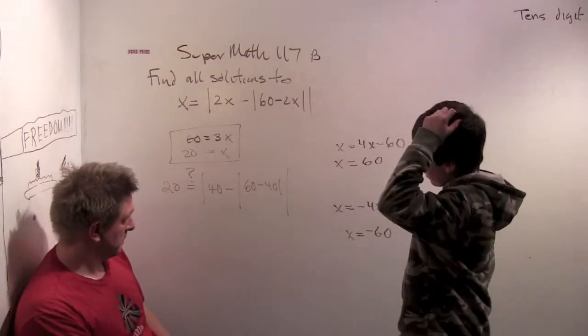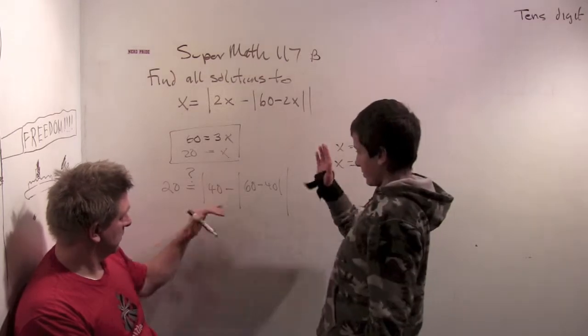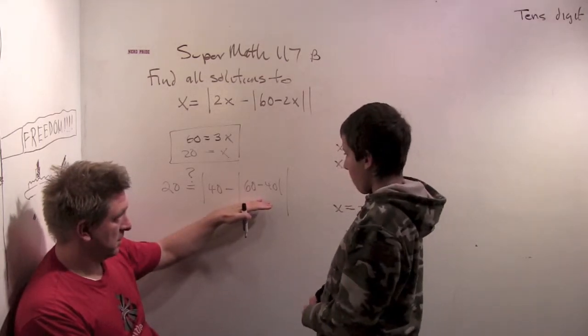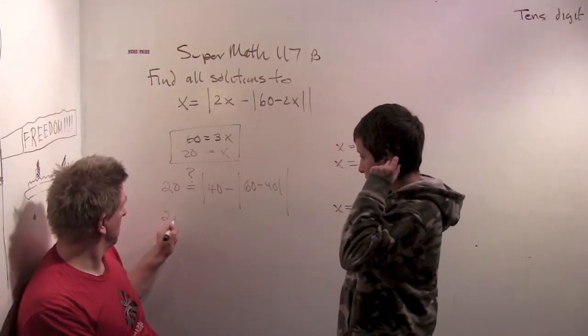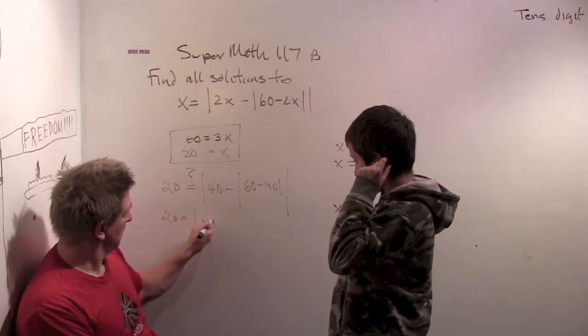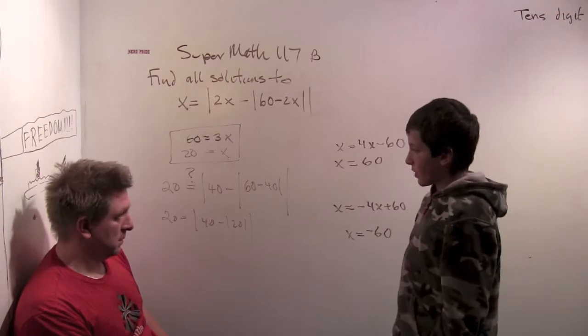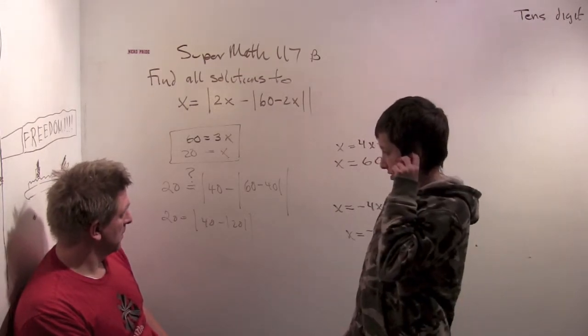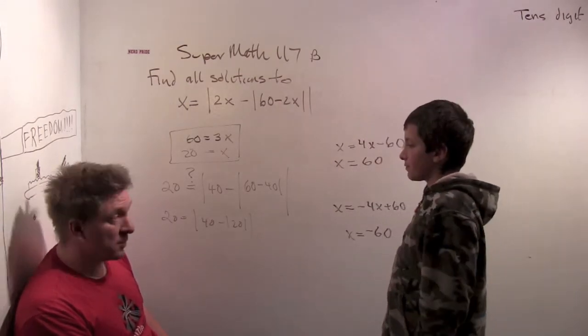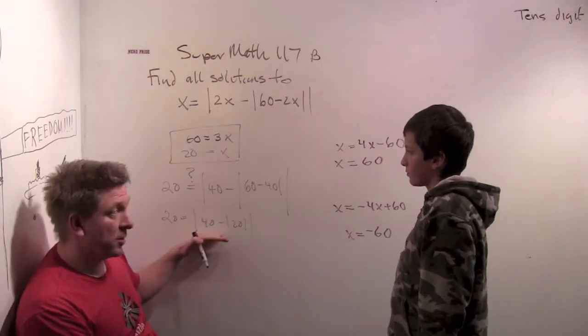So we get 20 is 40 minus the absolute value of 20. So, yes, this does work. Okay, so x equals 20 works. Very important to go back and check here.